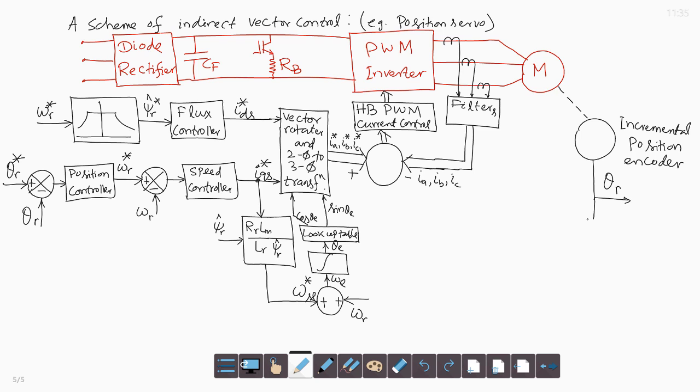And also by putting a d by dt we get the rotor speed omega r.